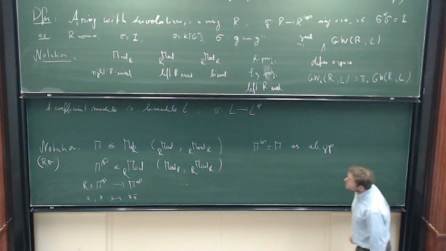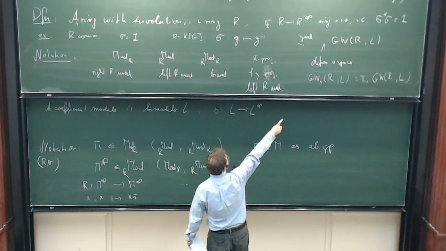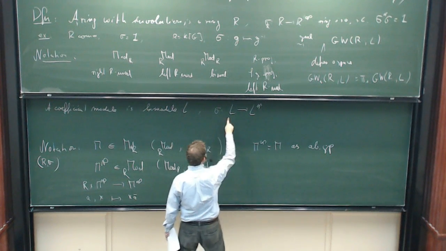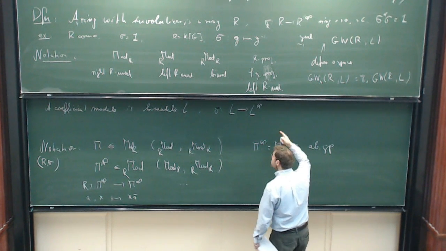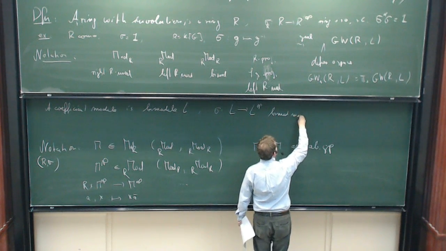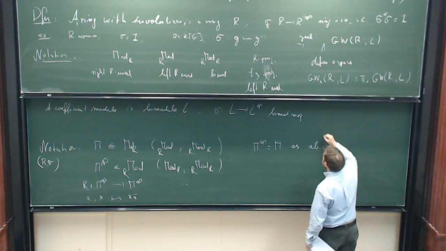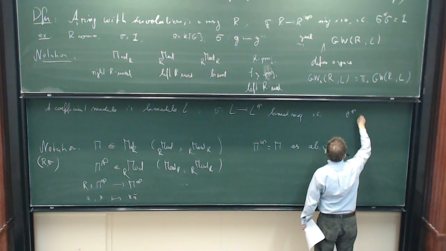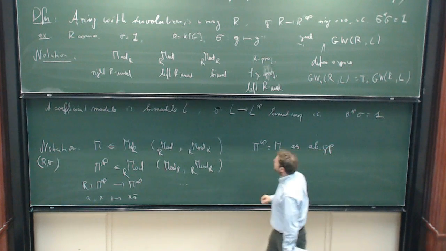So in this sense, a coefficient module, for the Grothendieck-Witt space we're going to define, is going to be a bimodule together with a sort of involution on the bimodule. So it's a bimodule map sigma such that, again, sigma squared is the identity. This is actually an isomorphism.